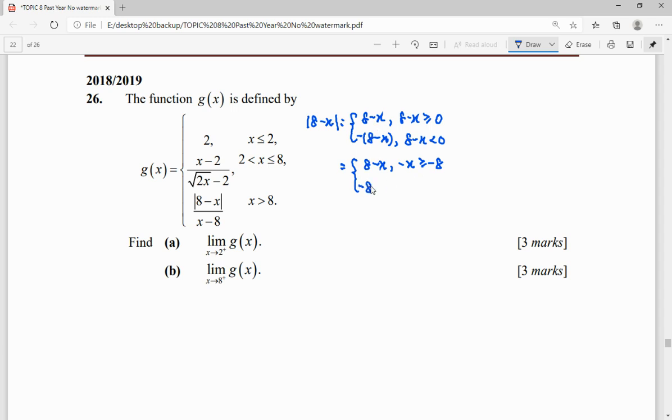It will become negative 8 plus x. Here we moved our 8 to the right hand side and simplify our domain. When we divide by a negative, the inequality symbol needs to change.